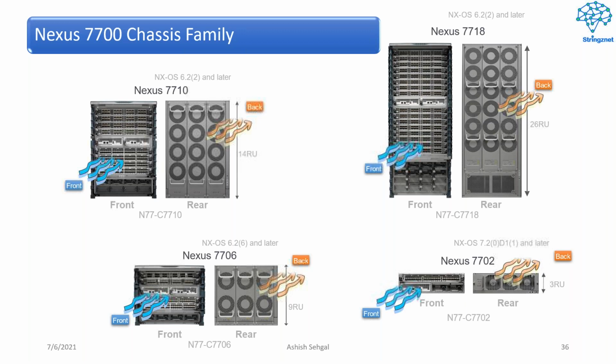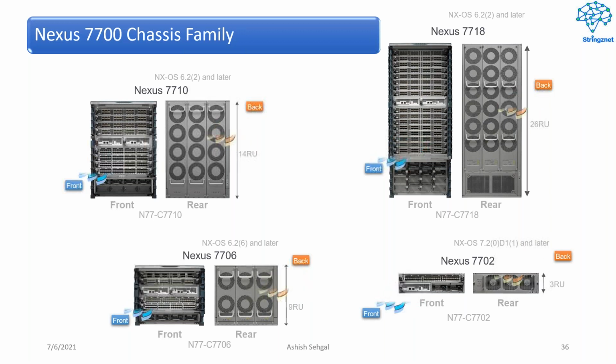These features are also possible. VXLAN on Nexus 7000 can be created, but for that you require either F3 line cards or M3 line cards. I'll tell you about the line cards. VXLAN is line card dependent as well, right? We will be talking about that in detail with regard to line cards.